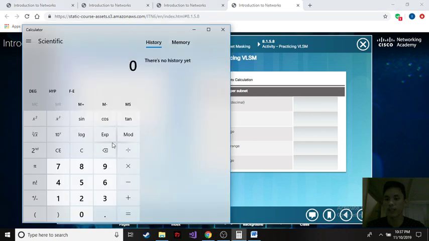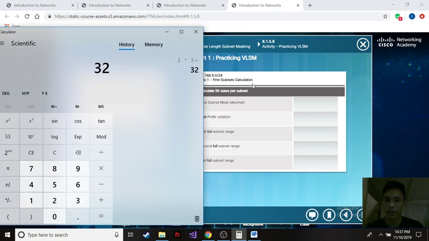Just like the previous activity, we're going to find a number which is greater than 50 using the formula. 2 raised to 5 is 32, no, not 50. 2 raised to 6 is 64.